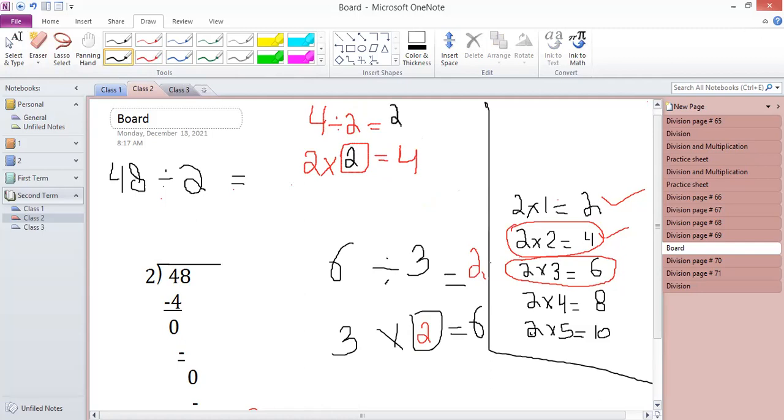That's why 4 divided by 2 is 2. So here you will write 2 in the answer.